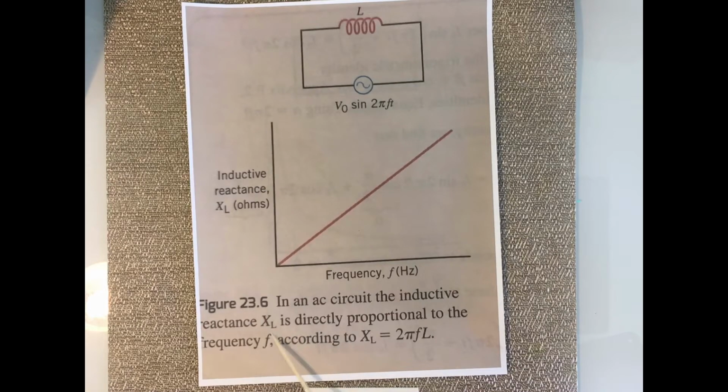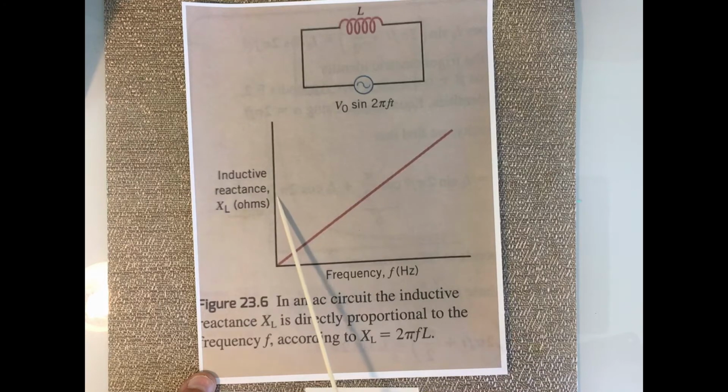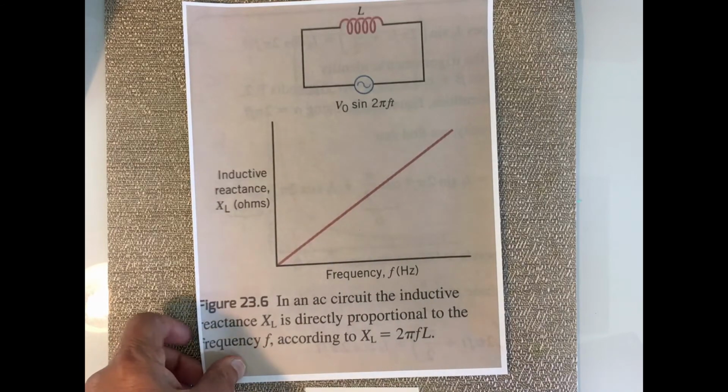So XL is directly proportional to frequency. Now you look at this graph here. It's a straight line graph. As frequency increases, XL increases. If frequency increases, XL also increases.